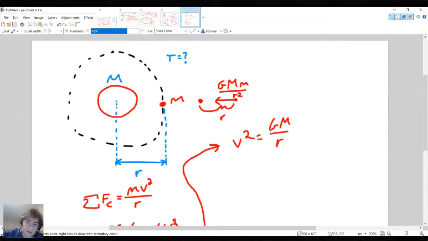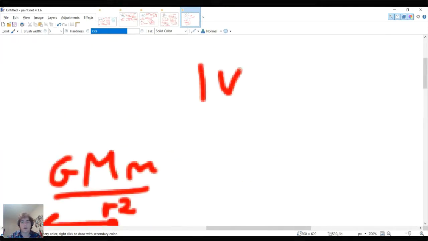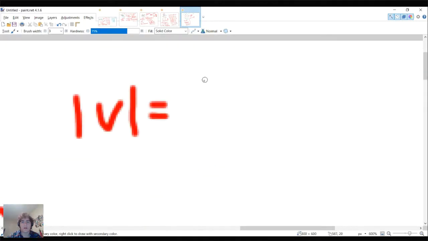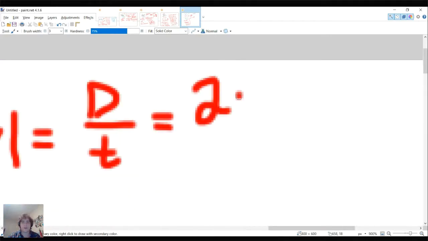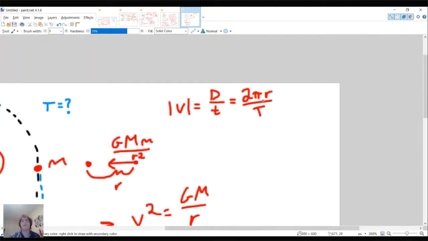It might not be obvious how to solve for the period here. So we know that speed, the magnitude of velocity, is equal to distance per time. How much distance does it travel for one full revolution? That's just the circumference of the circle, and that is 2 pi r. You should remember that from geometry. 2 pi times the radius over however long it takes to do that full revolution.